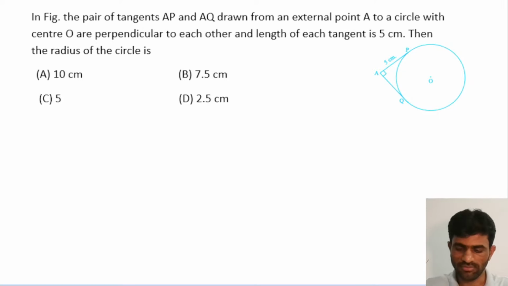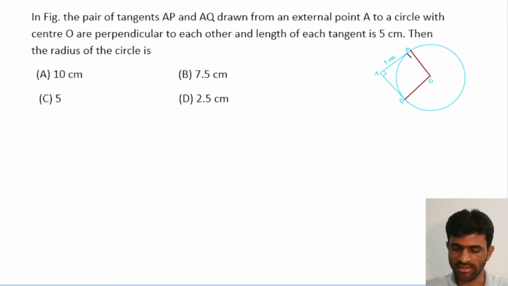In this question, first try to join OP and OQ. So I am joining OP, OQ. Then here we know the angle between tangent and radius is 90 degrees.